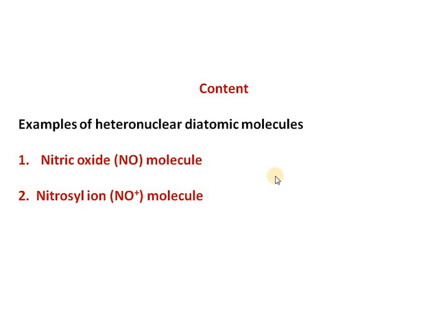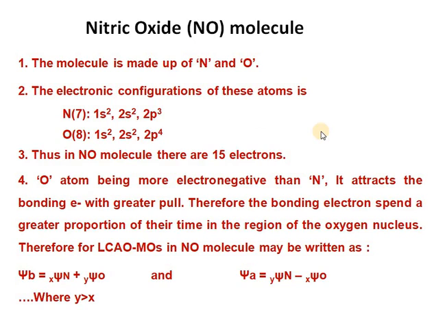The nitric oxide molecule is a heteronuclear diatomic molecule formed by the combination of nitrogen and oxygen atoms.